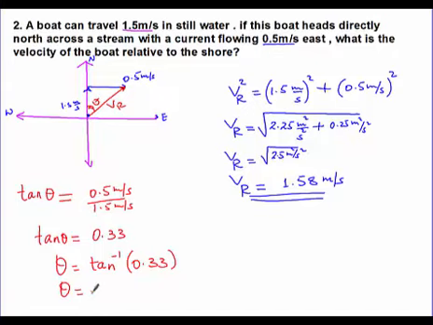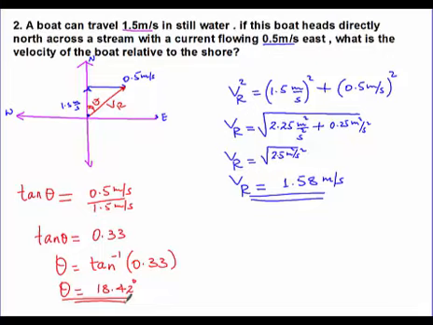Using the calculator, you click shift, then tan, to get the arctan symbol, and insert the number 0.333. Then you will get 18.42 degrees. So this is the angle that this resultant velocity makes with the vertical axis.